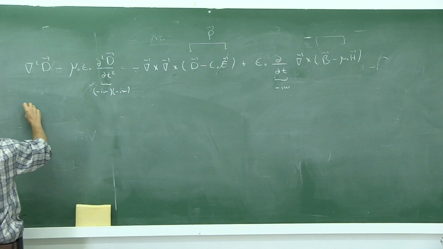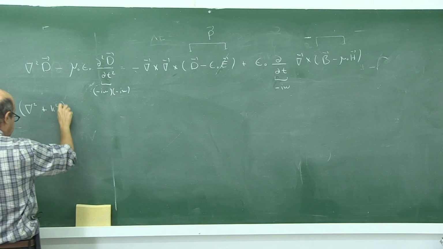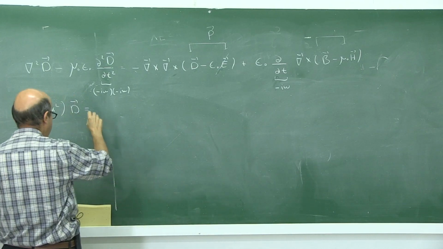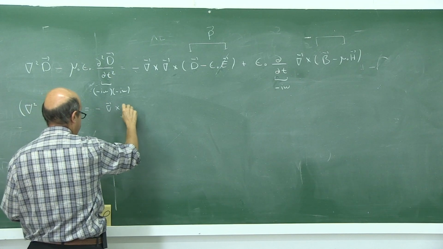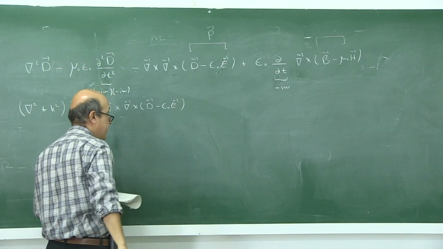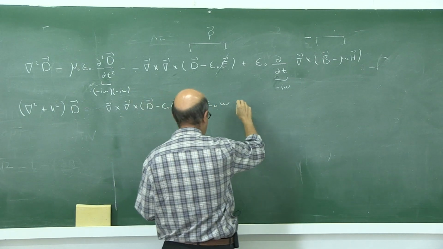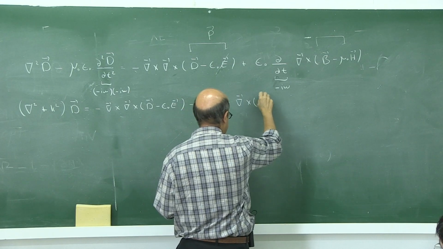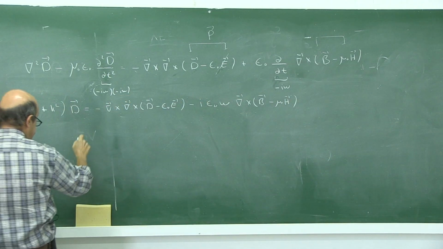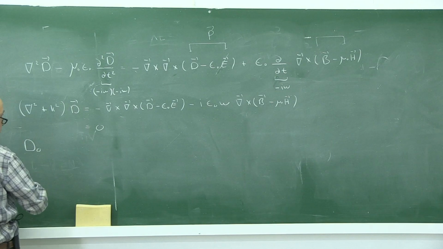So the left hand side is Laplacian plus k square acting on D, and the right hand side is minus curl of curl of D minus epsilon 0 E, and minus i epsilon 0 omega curl of B minus mu 0 H. If the right hand side is 0, say you have some homogeneous solution D0.